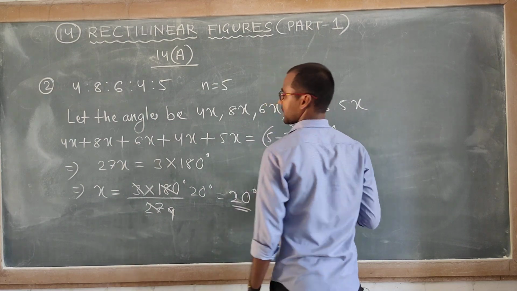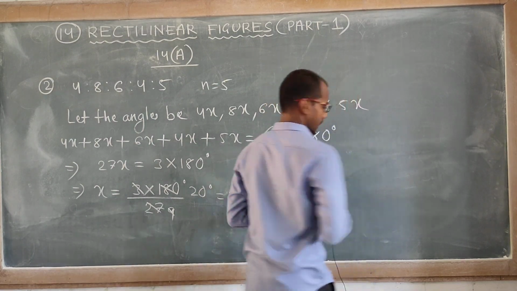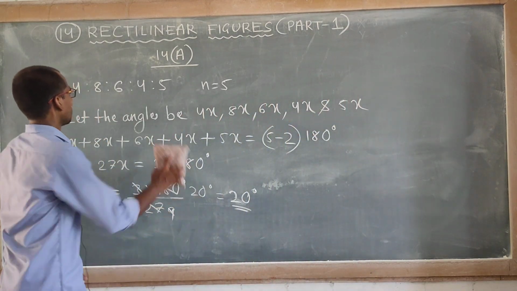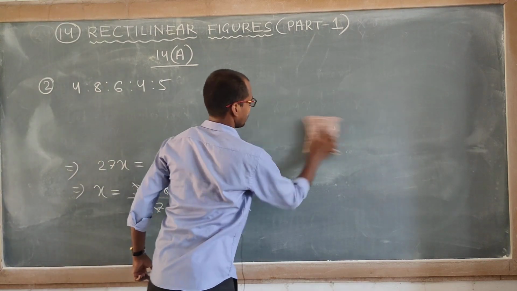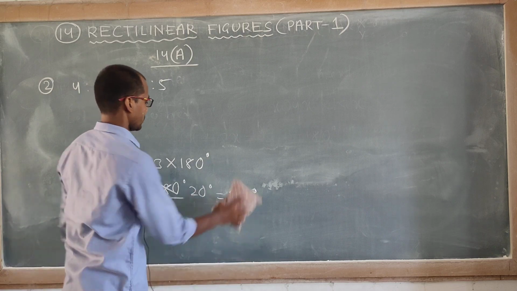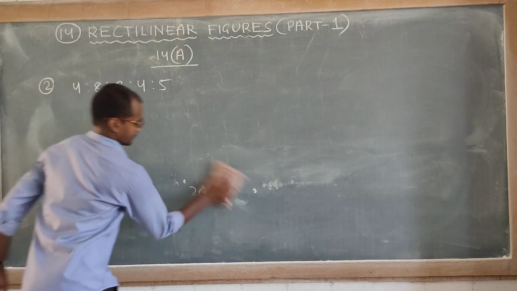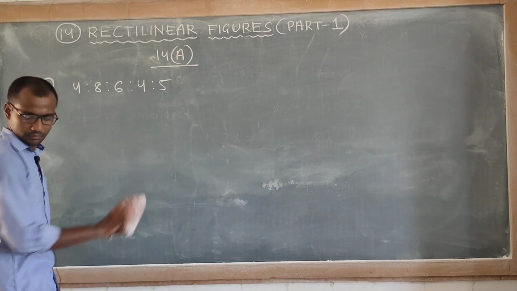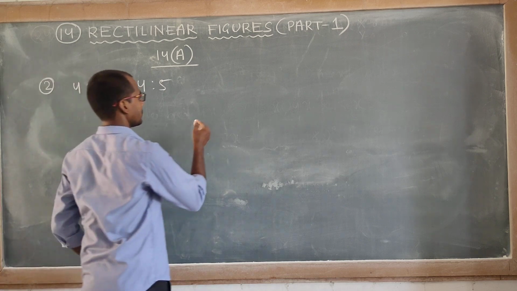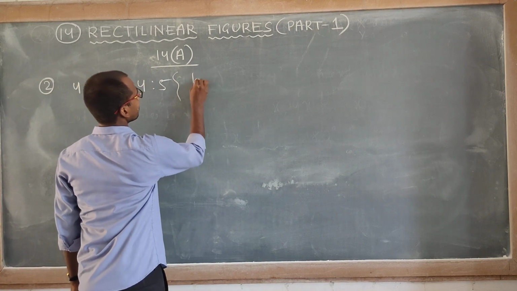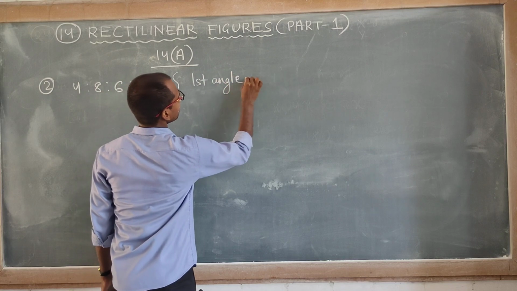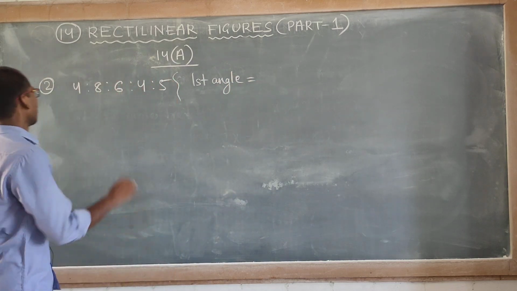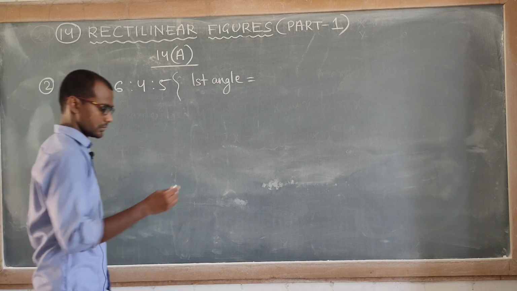So the first angle is, x we put 20. First angle is equal to 4x.